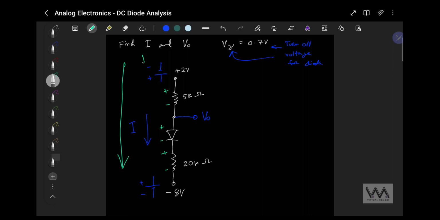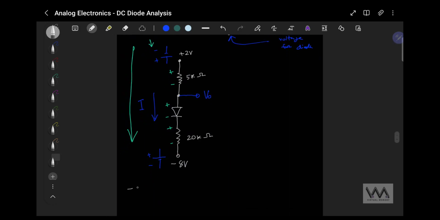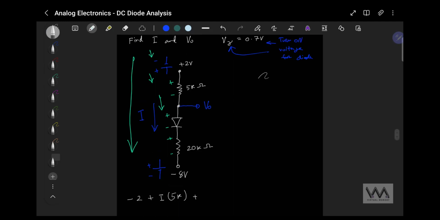So first we enter the negative terminal of the voltage source. So we're going to have negative 2. Then we enter the positive terminal of the 5K ohm. So we have plus I times 5K, plus, we enter then the plus terminal of the diode. We are given V gamma is 0.7 volt.